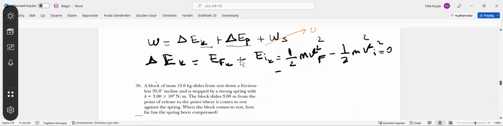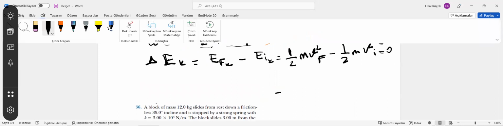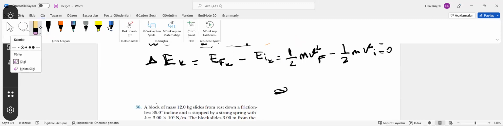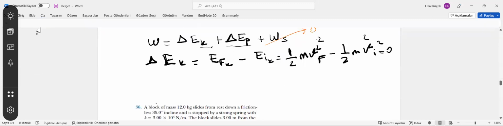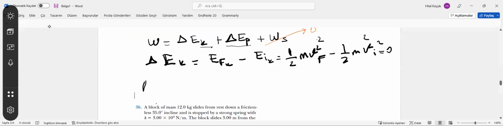But can I write the potential energy difference? Of course, you can find it. How can I find the potential energy difference? I need to understand from the question.